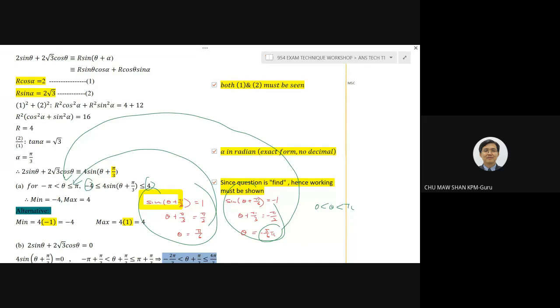Alternatively, you can just show it like that. 4 times the minimum of the sine is -4. Maximum, 4 times the maximum of the sine function, which is 1, is 4. At least you show this. All right. Any question?